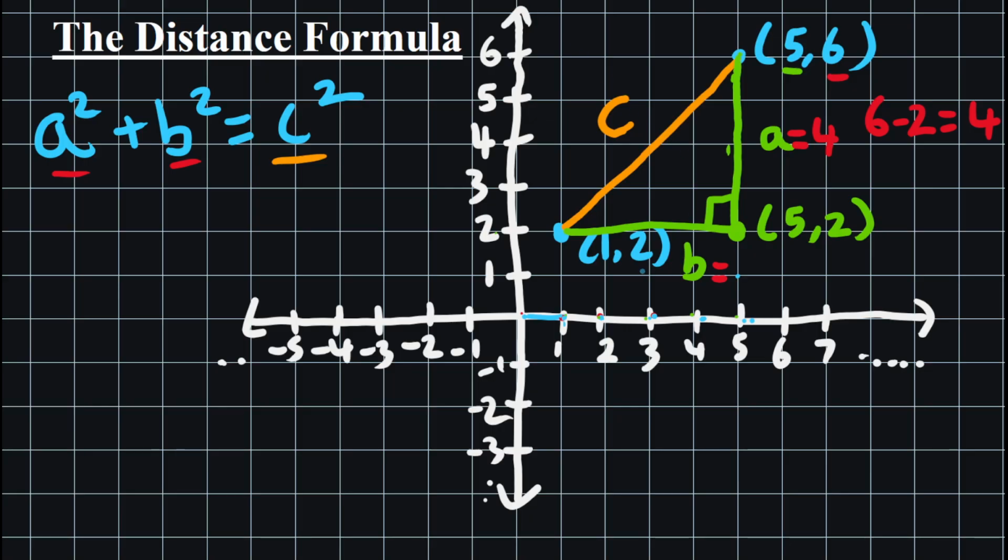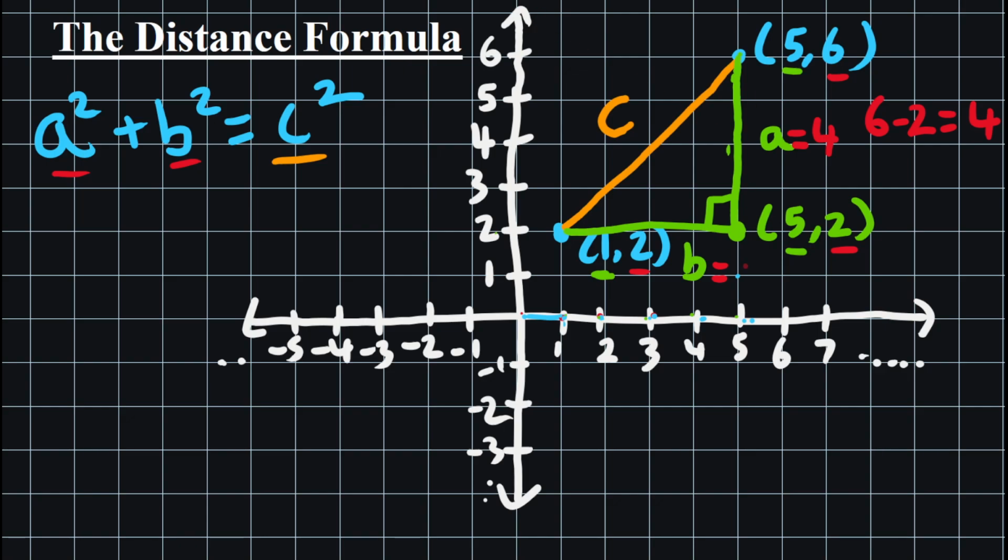And take a look at both of these coordinates. They have the same y coordinate, 2, but they have different x coordinates. This first point has an x coordinate of 1, and the second point has an x coordinate of 5.